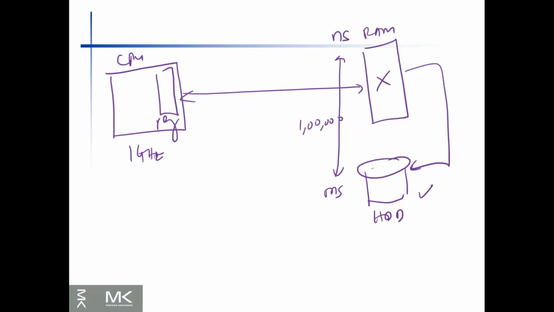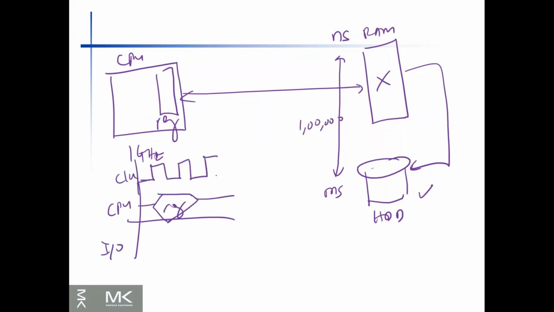The CPU is fast, but the CPU has the following problem. This is the CPU and this is your IO data. The CPU requests data, and this is my clock. I request data and I hope the data appears here.